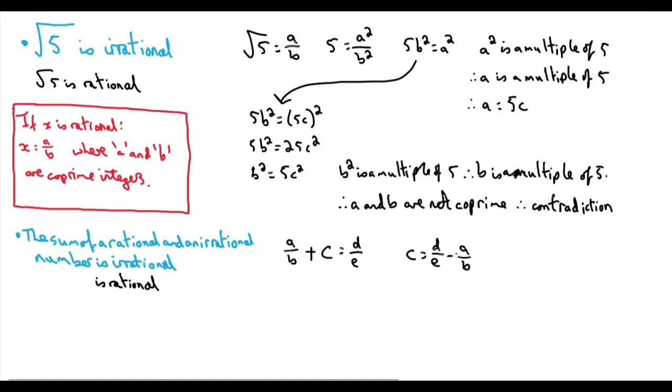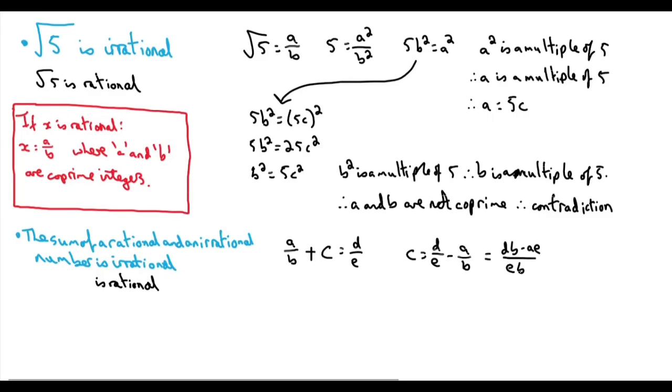To minus these fractions, you need the same denominator, so we'll make it both over eb, but in order to do that, d gets times by b, and then minus a times e. Now this fraction here is just a load of letters next to each other, but the important thing is that all of these letters are integers. And if you have these integers times together, it is going to make an integer, minus another integer expression here, divided by another integer expression here.